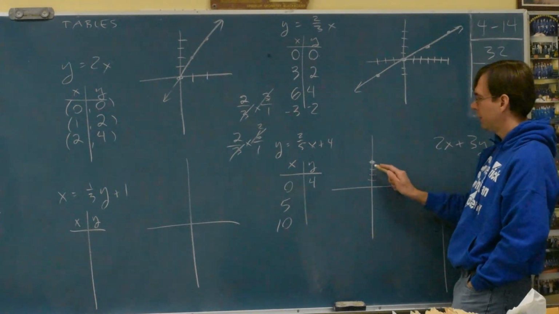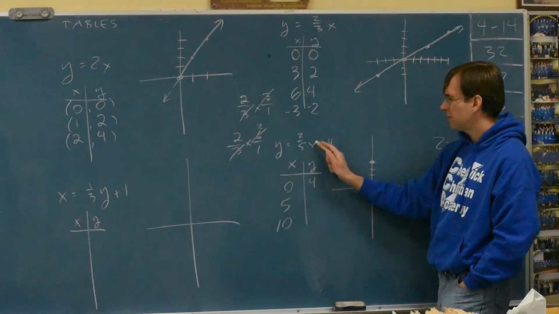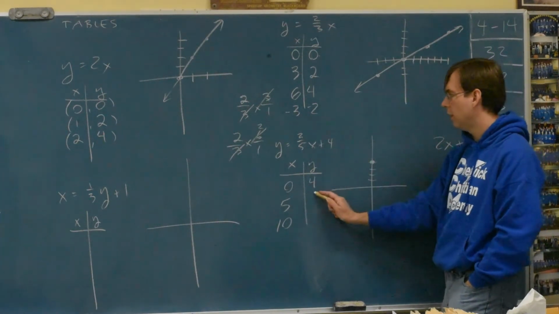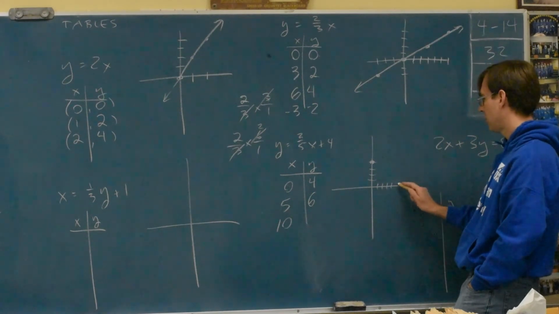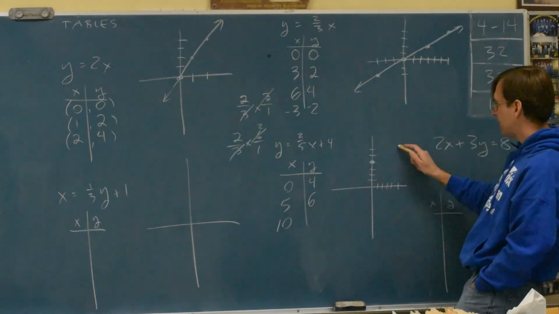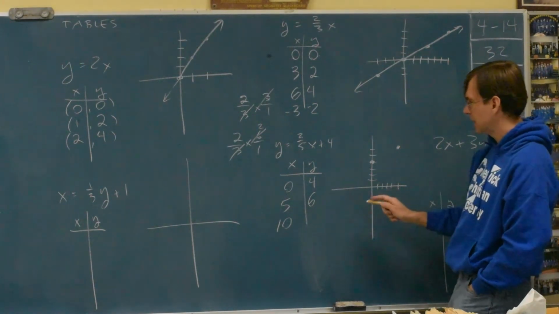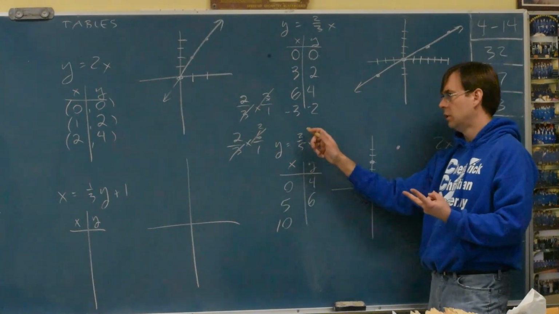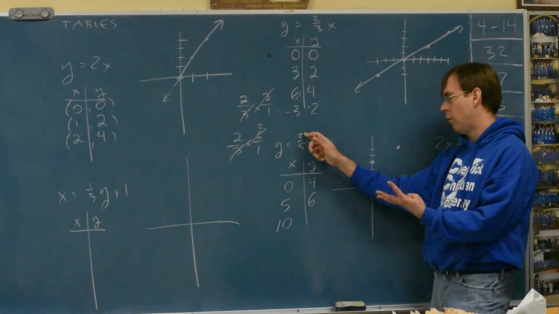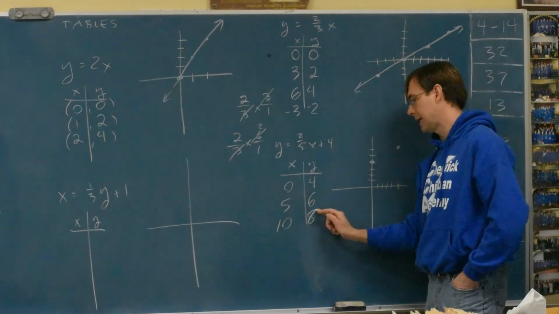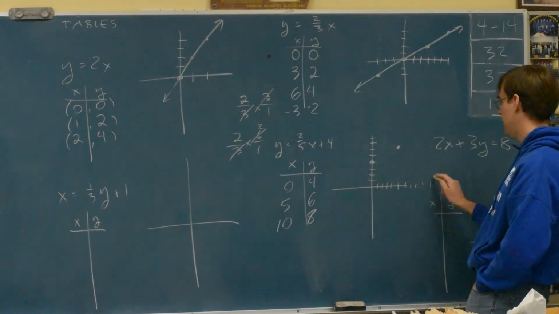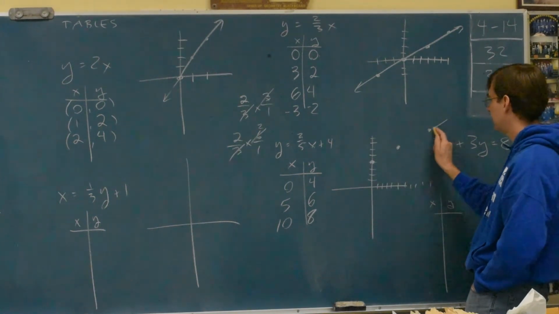That would be up 4. 2/5 times 5 cancels the 5s to leave the 2, plus 4 is 6. So 5, 6 is over 5 up 6. When 10 cancels 5, it leaves 2. To multiply the 2 to get 4. To add the 4 to get 8. So I'd be at 10, 8.